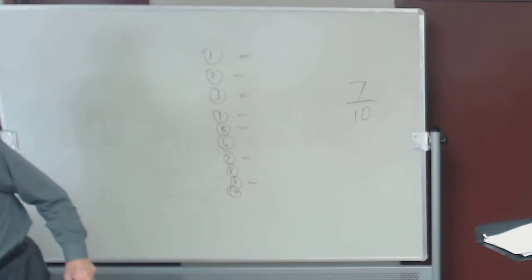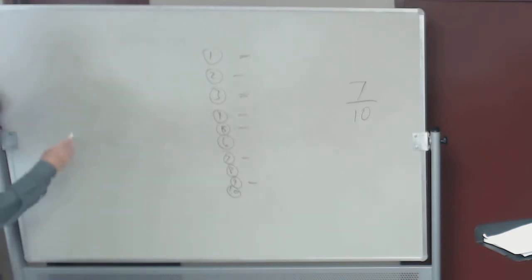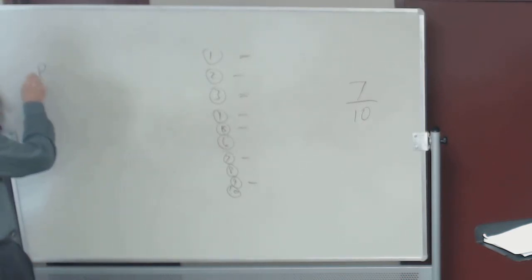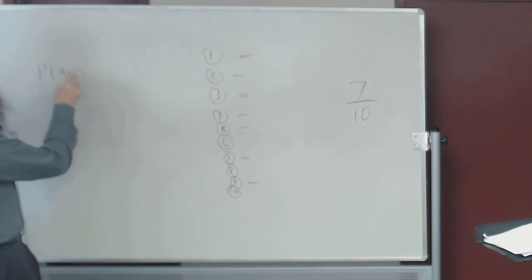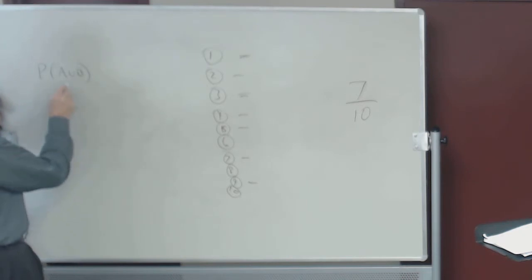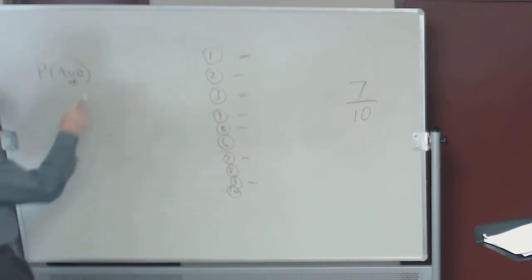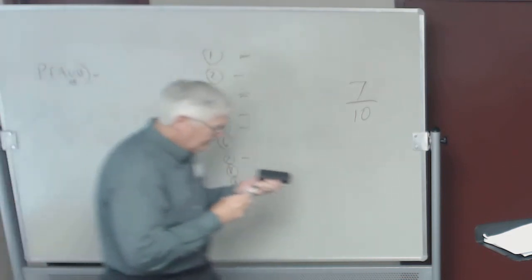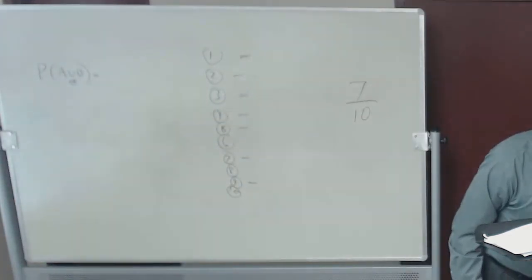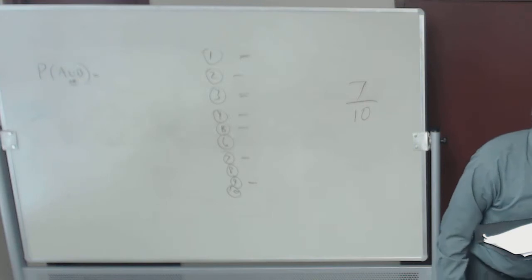Now for those who don't want to draw a little picture, the probability of A union B, that's OR, okay? What page is that on? Page 736.